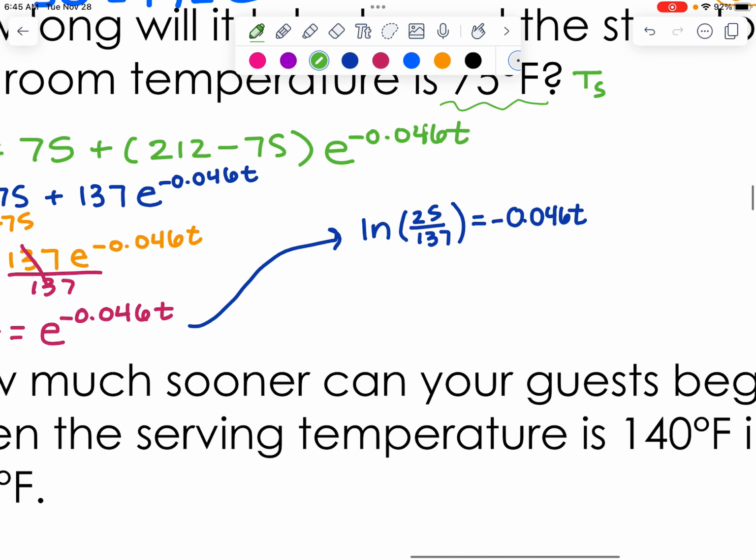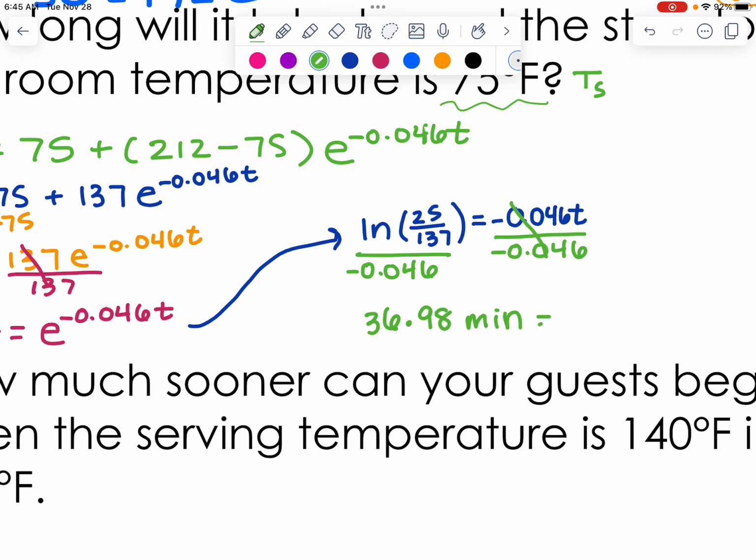All right, from here to solve, we're going to divide both sides by negative 0.046. And plugging this into my calculator, we've got ln of 25 divided by 137 divided by negative 0.046 equals 36.98 minutes. That is t.